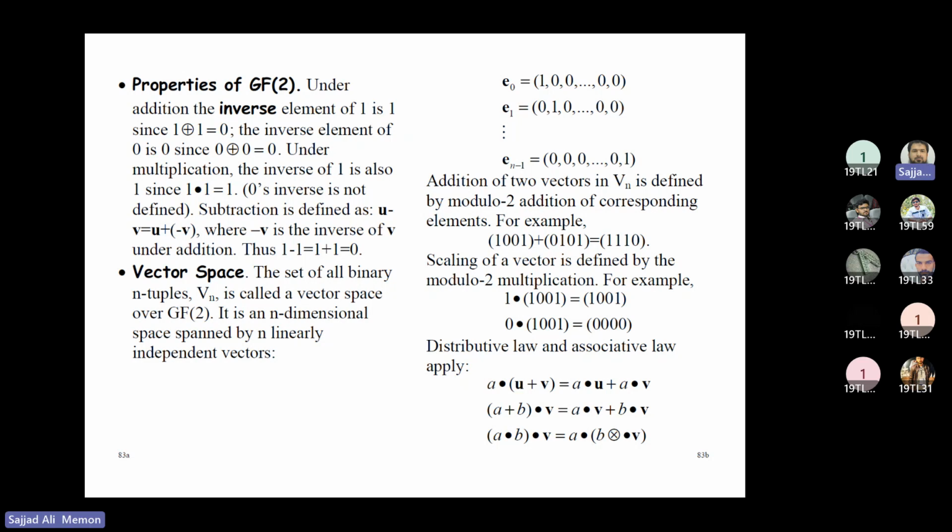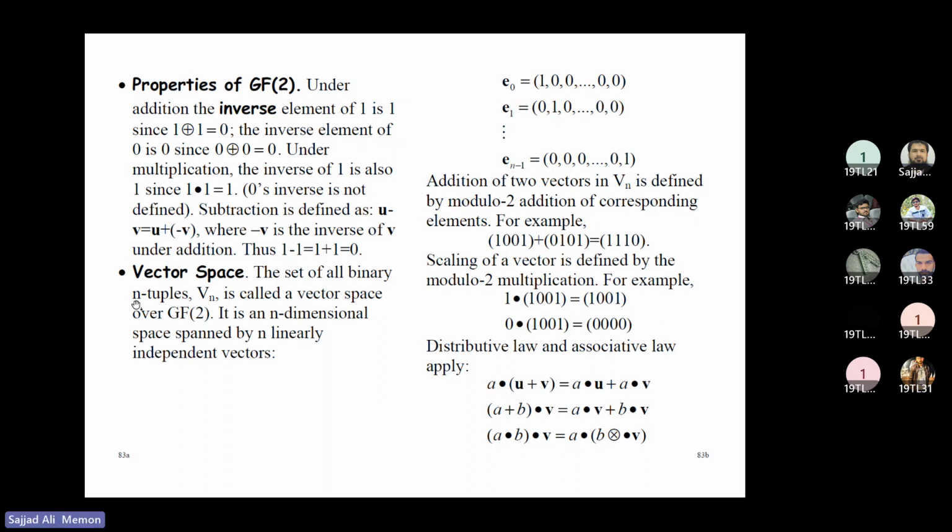It is an n-dimensional space spanned by n linearly independent vectors. N-tuples means, for example, 3-tuples, 4-tuples, 5-tuples, 6-tuples. Let's see 3-tuples: a 3-tuple means a combination of 3 bits.